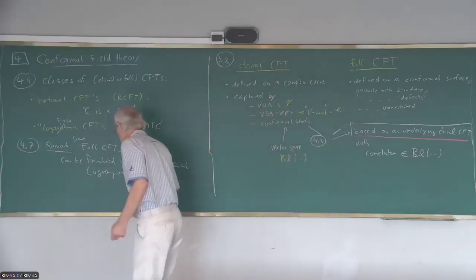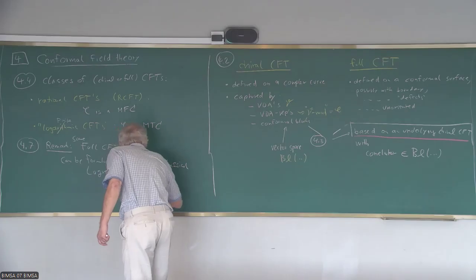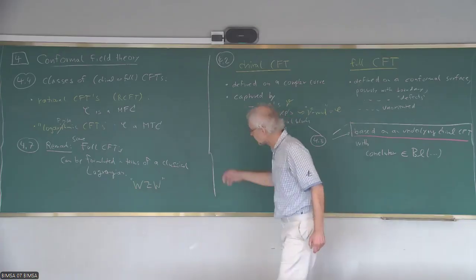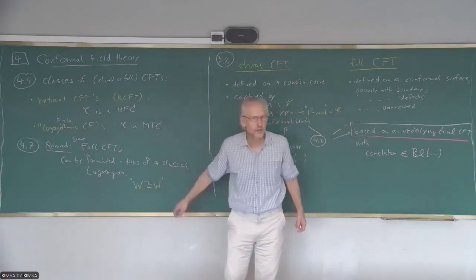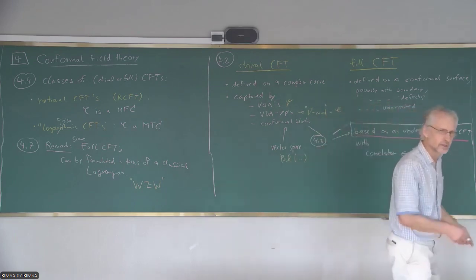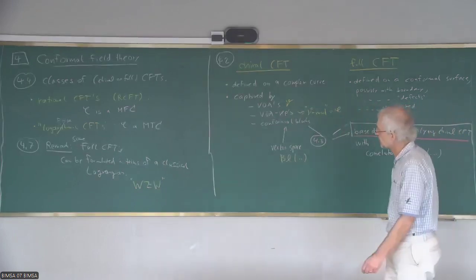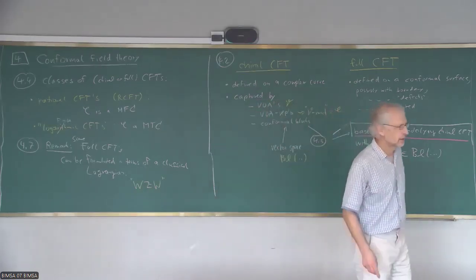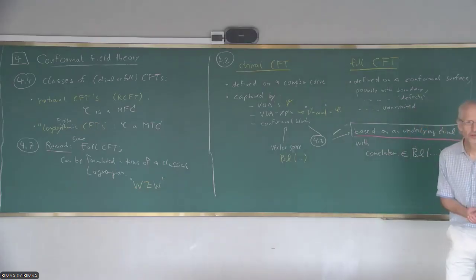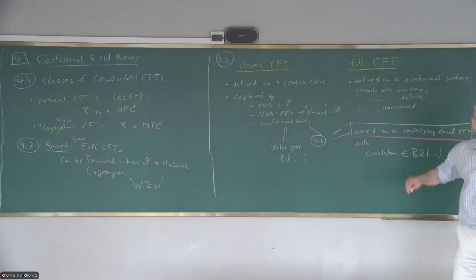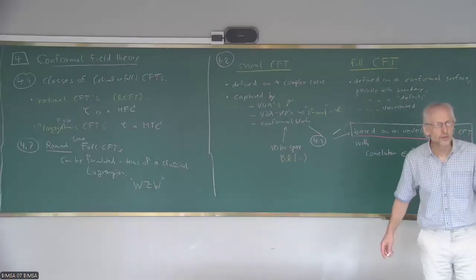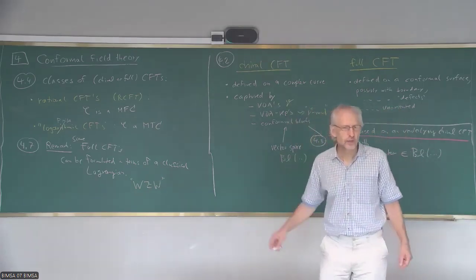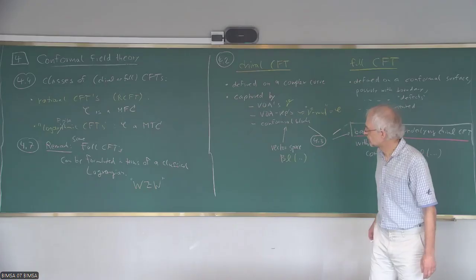There is one important class, the so-called Wess-Zumino-Witten models, where the name comes from the fact that it's a two-dimensional sigma model with a Wess-Zumino term, and the W stands for Witten, who formulated these as a Lagrangian field theory. But everything that is known about them from the Lagrangian point of view is also known from the algebraic or categorical point of view, and much more is known. I could give you some examples, but I do not want to go into detail here.